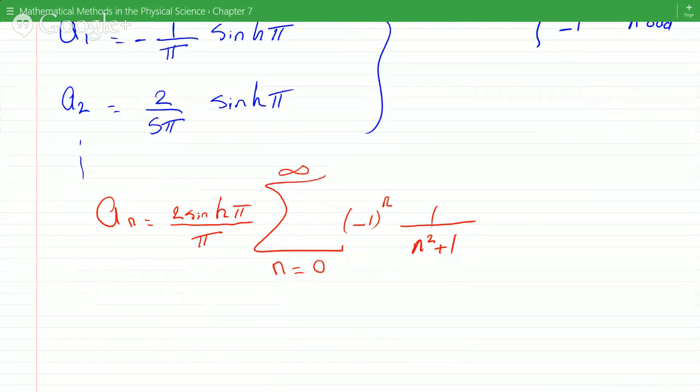Alright, so how did you end up integrating this stuff? And as such, our Fourier transform will be what?